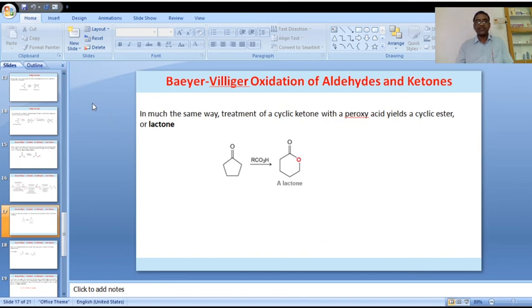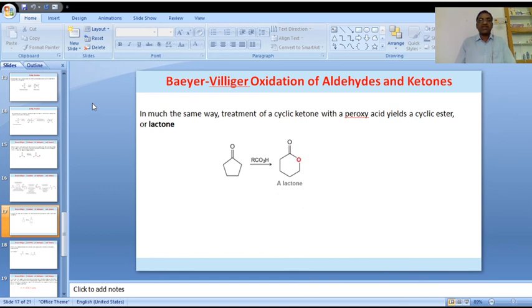It is another example of the same ester formation, but here we'll discuss what happens in cyclic rings.